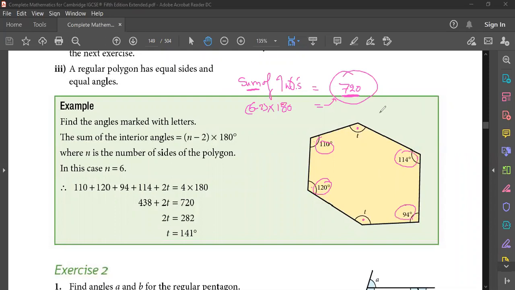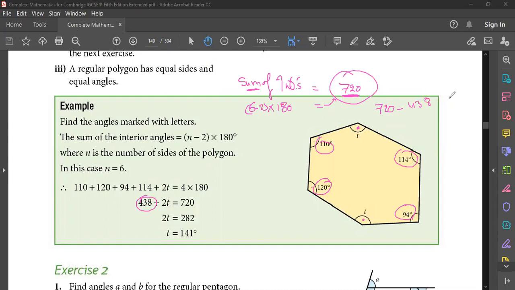Okay. Then we divide by 2. Why is that? Because 720 minus the sum of those 4 angles is equal to 438.